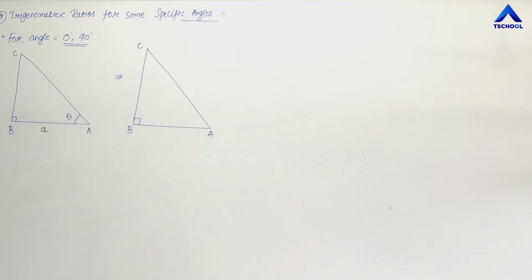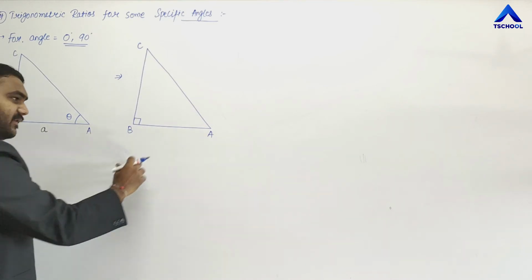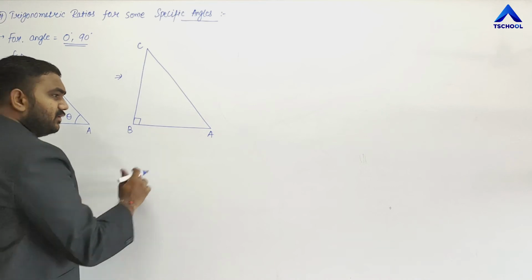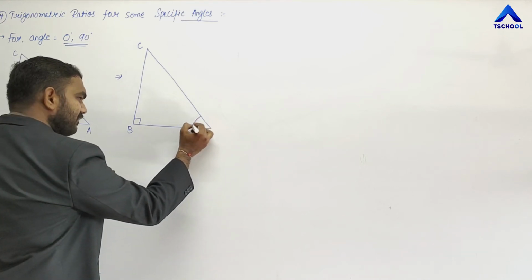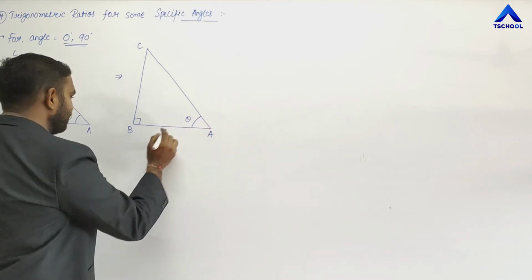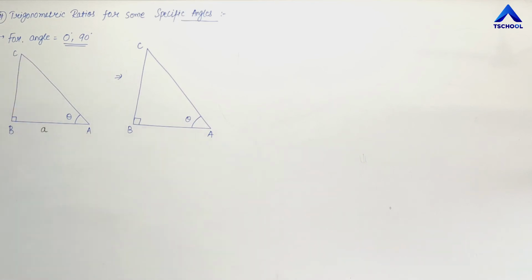In the previous case we had this as our reference angle. Now we will take this as our reference angle again, that is our theta that I have taken here, and we are going to now make this angle 90.